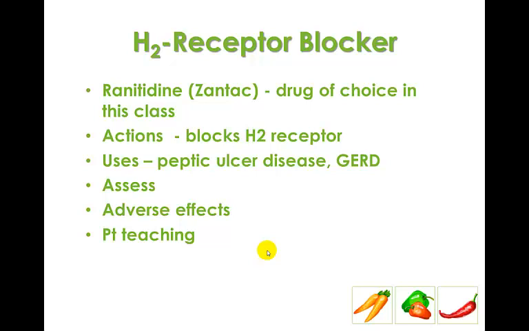CNS changes can include dizziness, headache, somnolence. It can cause diarrhea or constipation, depending on the patient. We might see confusion, disorientation, hallucinations, gynecomastia, and of course hepatotoxicity. Most of our adverse effects are dose-related, so the lower the dose, the better.